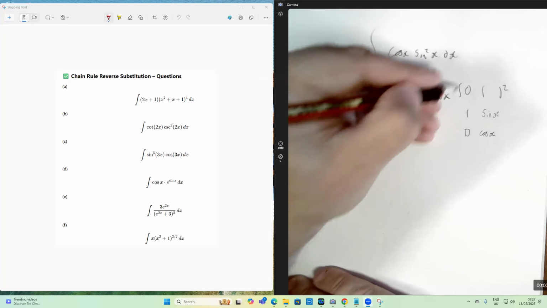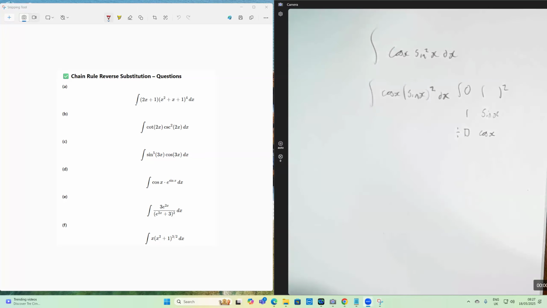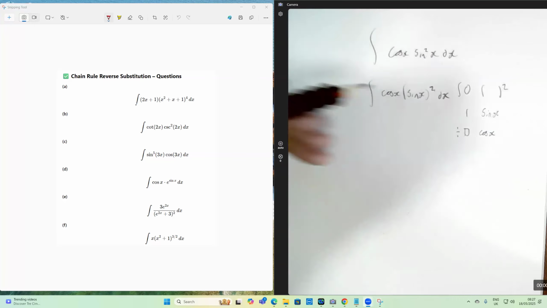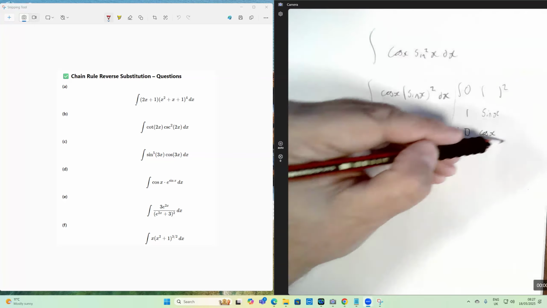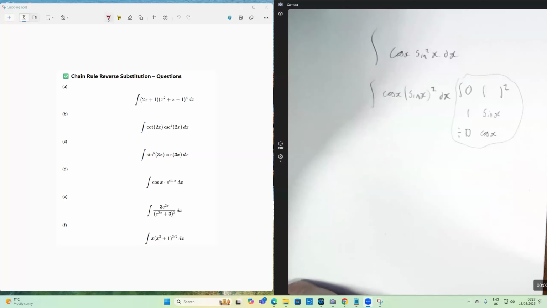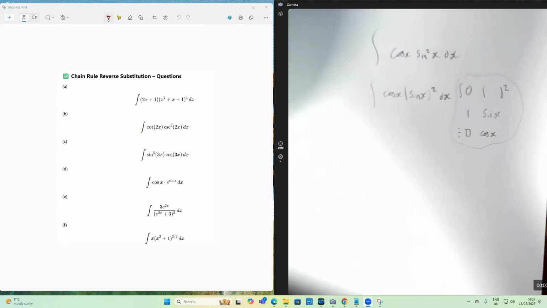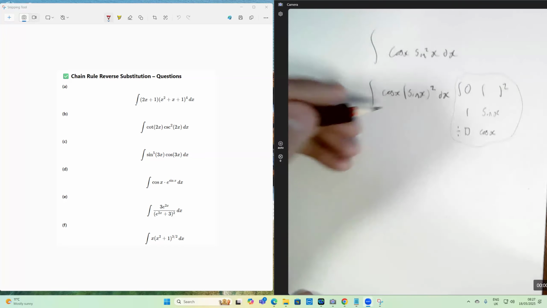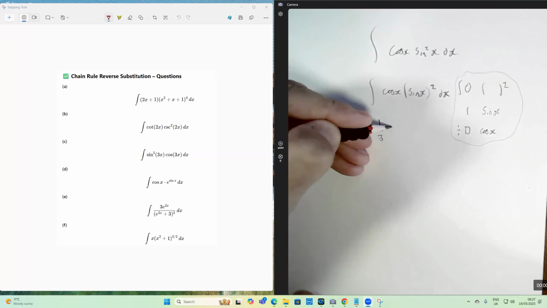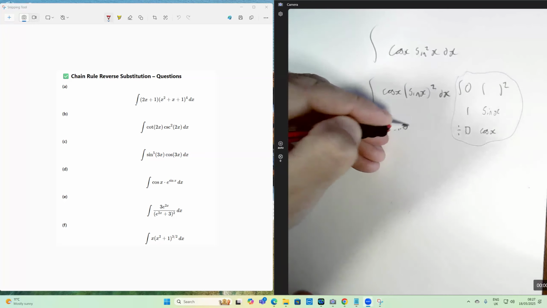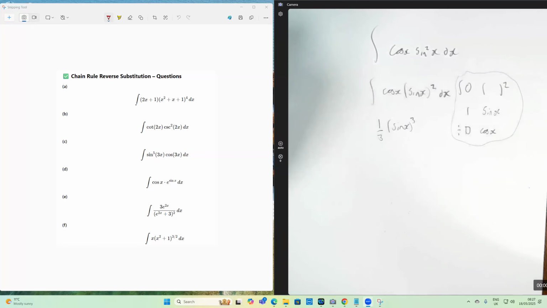Now, the chain rule backwards is literally doing the opposite of what we do in the chain rule. So I'm going to integrate the outer function and divide by the derivative of the inner function. If I integrate the outer function, something squared is going to integrate into something cubed divided by 3: raise the power by 1 and divide by the new power.